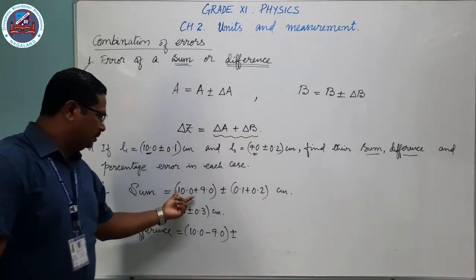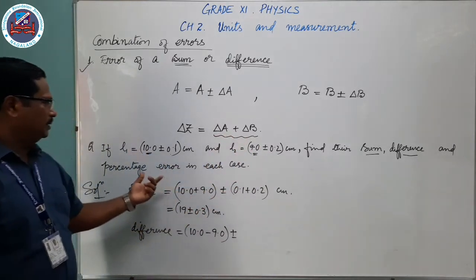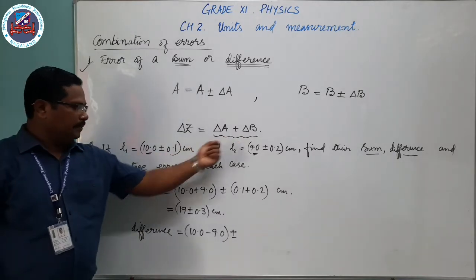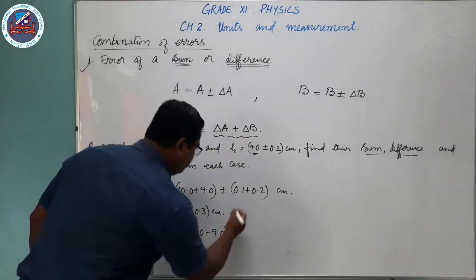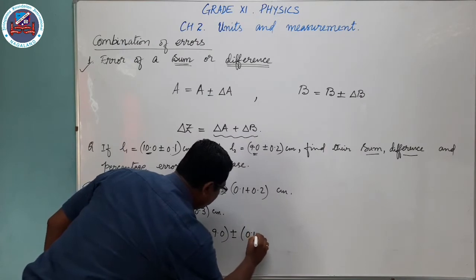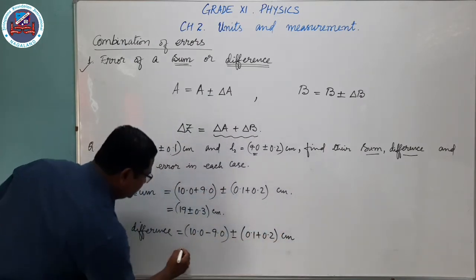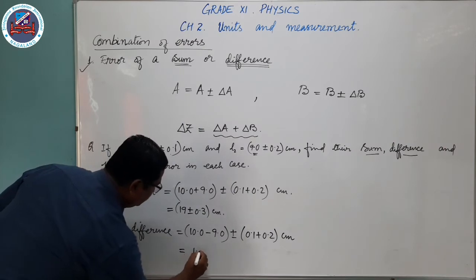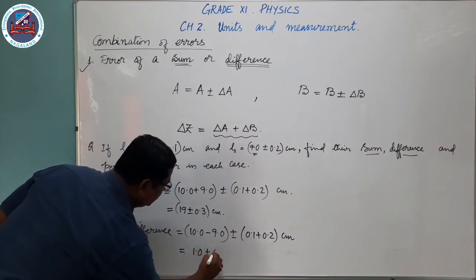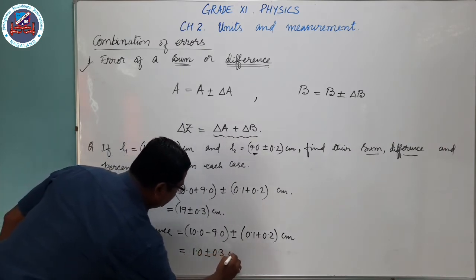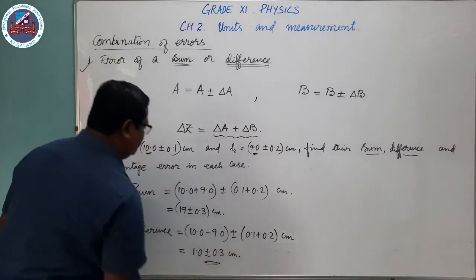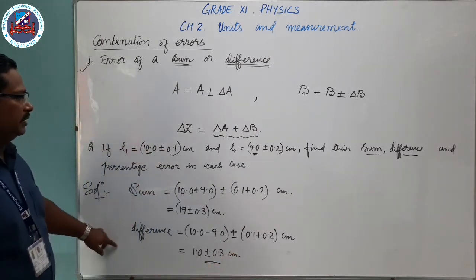Whether you are doing a sum or a difference, the error part needs to be added up. So you add the error like this: 0.1 plus 0.2. Everything will be in centimeter. This is 1.0 plus or minus 0.3 centimeter. This is the way to do addition and subtraction.